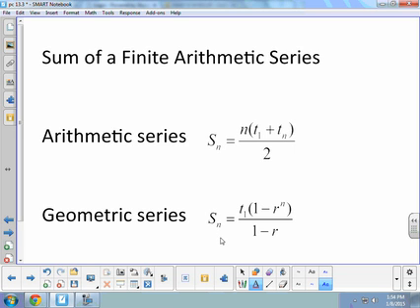These are the two formulas that are going to be really important for you to use. They will be given to you, but you should probably be using them so much that they become kind of in your memory banks. Arithmetic, n is going to be your number of terms.